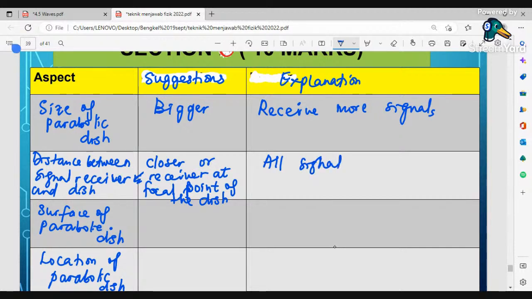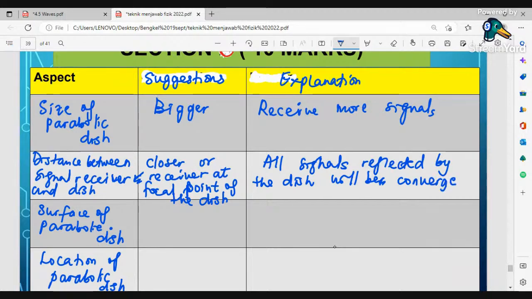All signals reflected by the dish will be converged to the receiver.